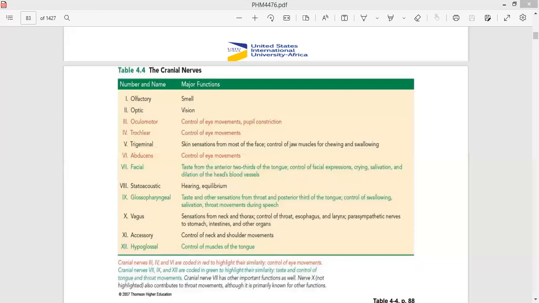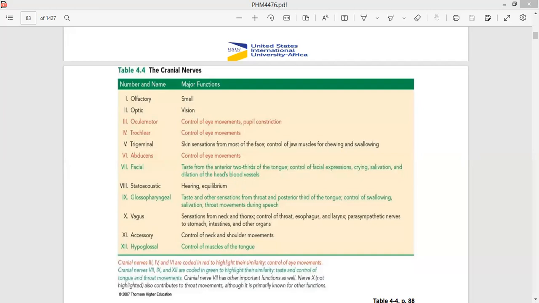We know the trigeminal divides into 3 major branches. Which are the 3 major branches of the trigeminal nerve? Ophthalmic, maxillary, and mandibular, right? Even from the names, you can decipher their function.